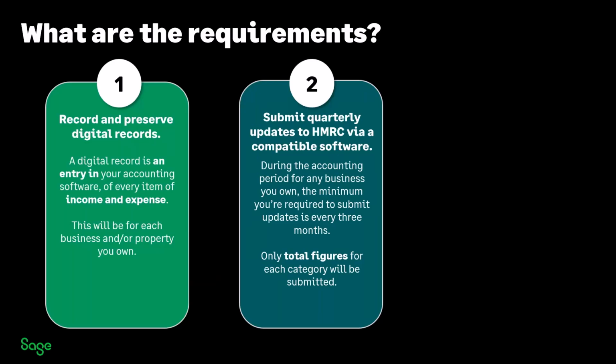So you're not sending HMRC transactional data. All the software is doing is, when you're processing those transactions, picking up the nominal codes that you have assigned to those transactions, and those nominal codes will be mapped to income tax categories, and that's how it gets your figures.